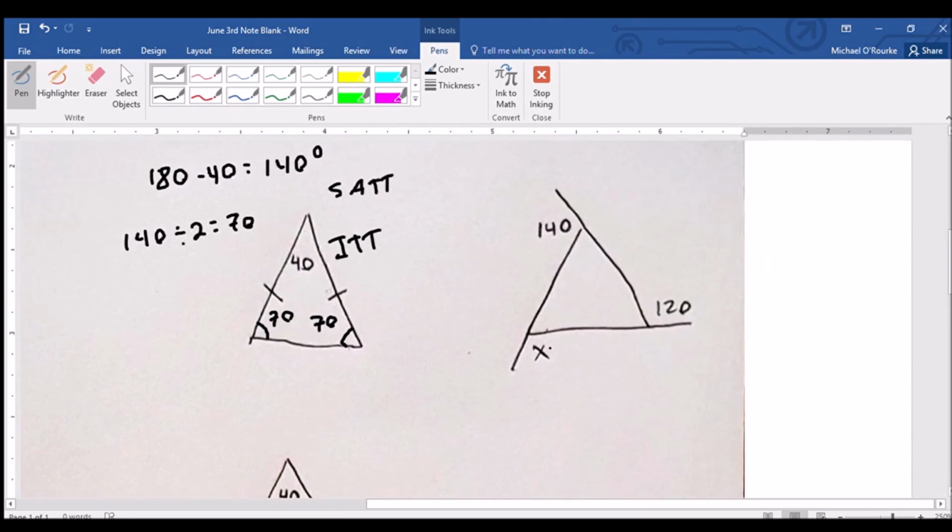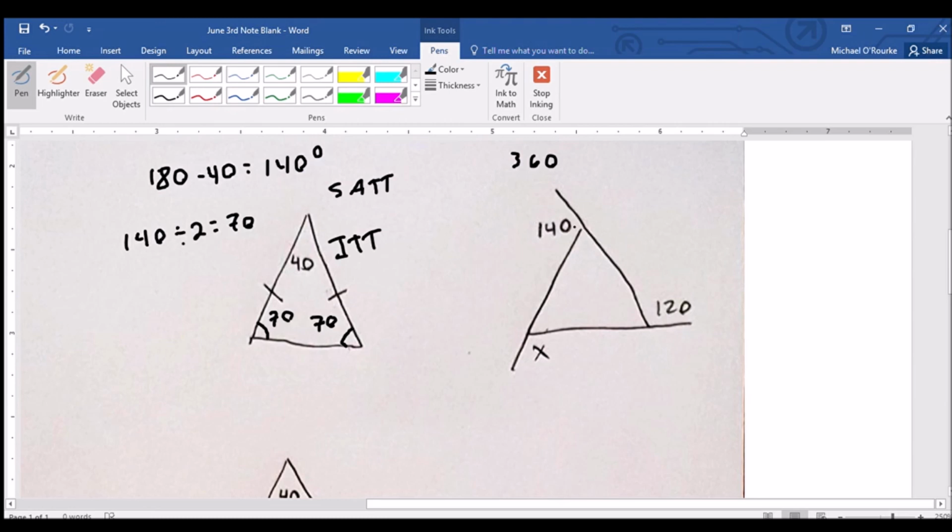Now this one looks kind of odd because there's no angles in the middle of the triangle. Well, that's fine, because the outside of a triangle and any shape, any polygon, is always 360 degrees. No matter if it's 3 sides, 18 sides, 5 sides, the exterior angles are always 360. That's a big hint for tomorrow.